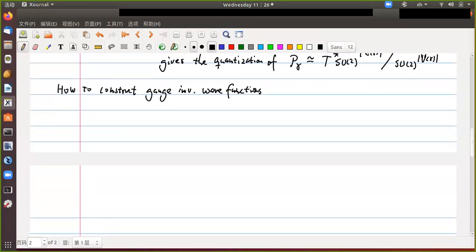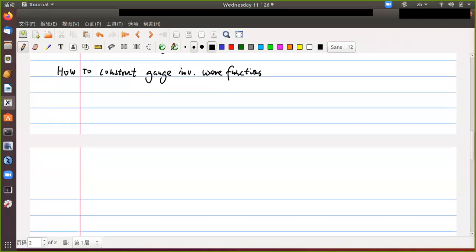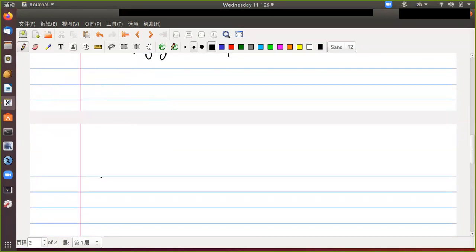Okay, so now let's look at a basis. Let me first look at a vertex, because all the gauge transformation is acting on the vertex, right? So let's say this is a vertex V, and all the vertices are 6-valent because we are in the hypercubic lattice.